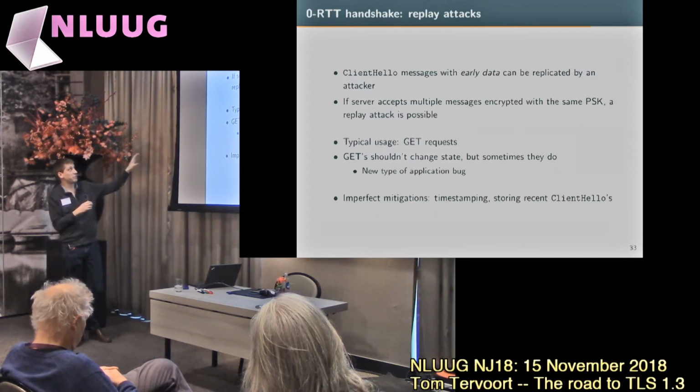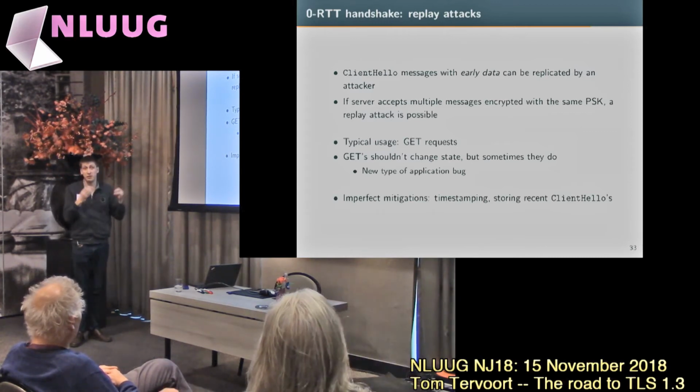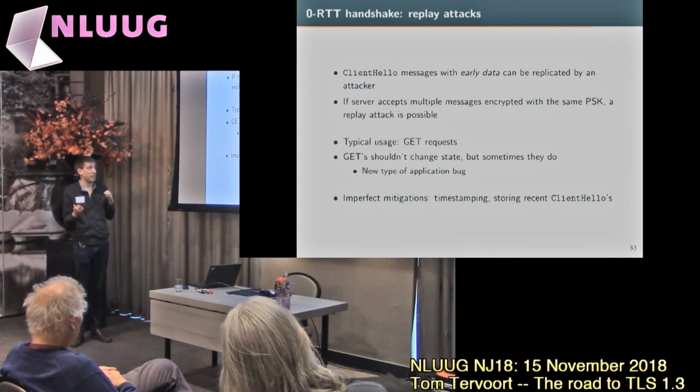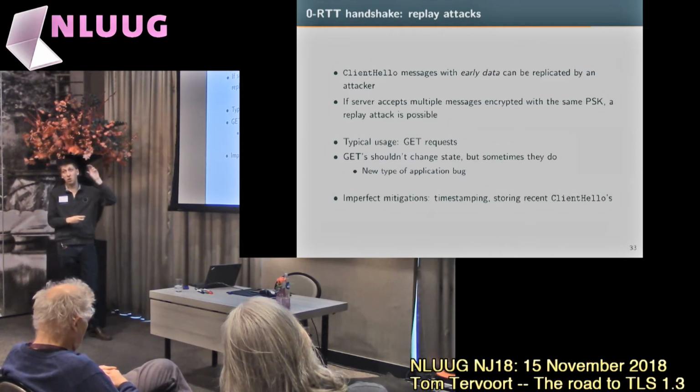So an attacker can capture the first client hello and then send it again, so simply repeat it. There are some ways to mitigate this by putting timestamps in the packets or by letting the server cache some client hellos, but those are not always practical to implement. So usually you have a fundamental replay risk on the data of that first packet.